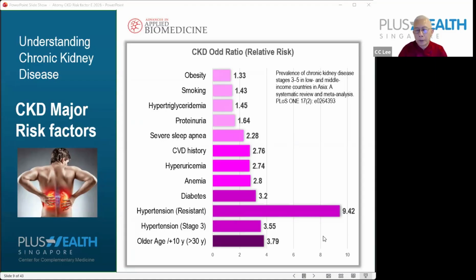So today we will discuss various important risk factors like diabetes, anemia, hyperuricemia, and sleep apnea in detail, so that you can understand the risk involved, and at the same time understand what corrective or preventive action you can take.